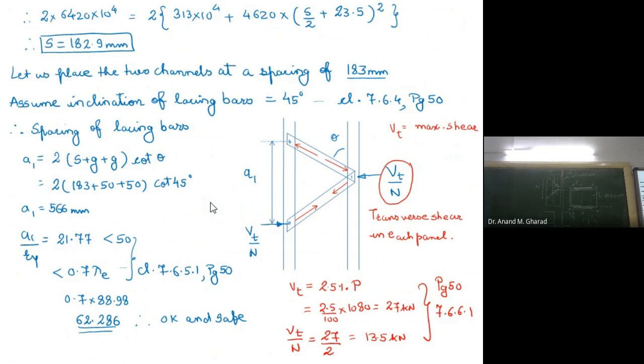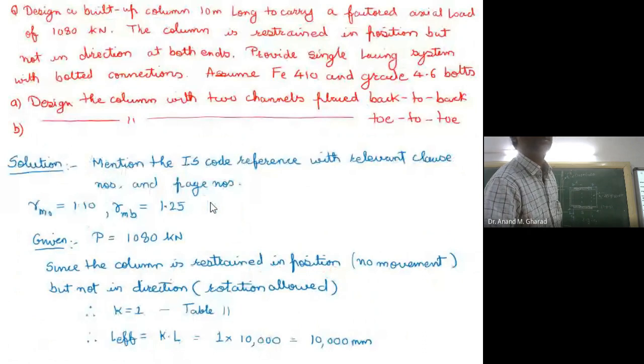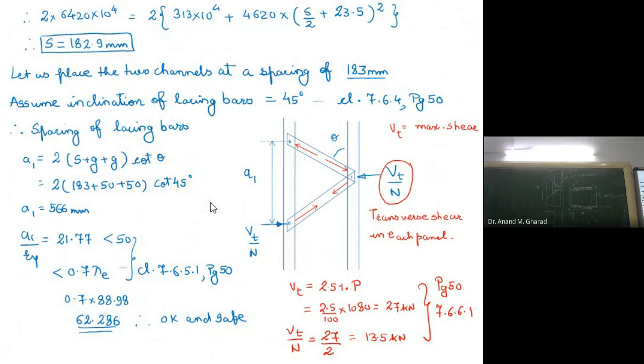Double lacing system can be provided if the load is quite high. If it is more, like now in this numerical how much load is given? Sorry, 1080. So if it is more than 1500 kilonewton, in that case double lacing system can be provided.